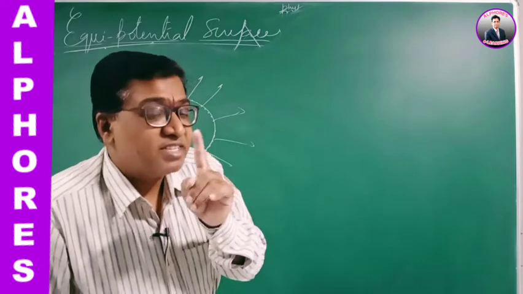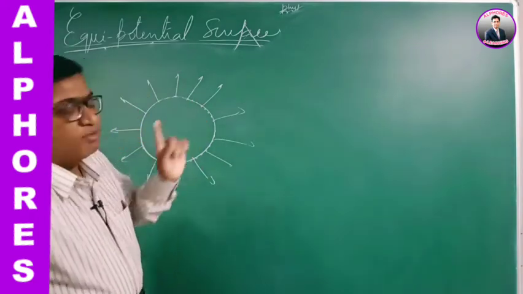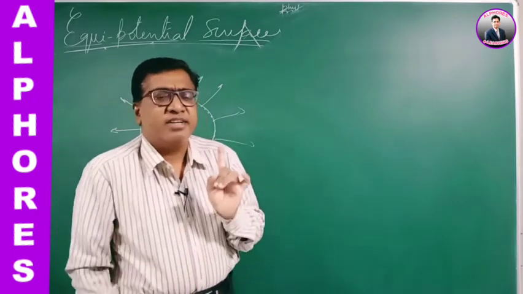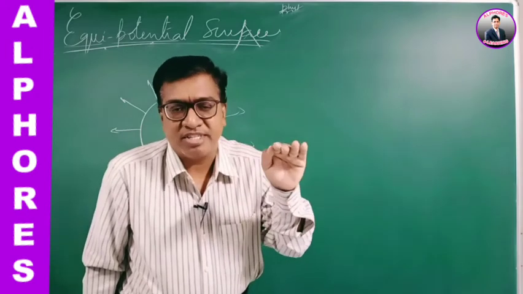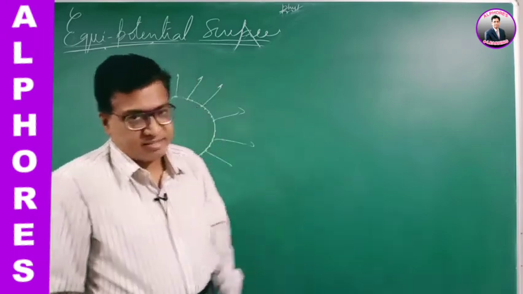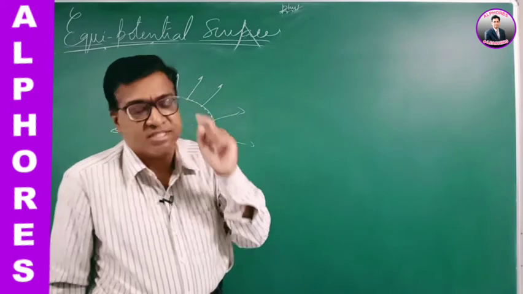It can be the surface of a body, or it can be an imaginary curved surface in the field. But at any point on the equipotential surface, the potential is constant, and the electric lines of force are normal to it. The lines of force are always perpendicular to the equipotential surface.